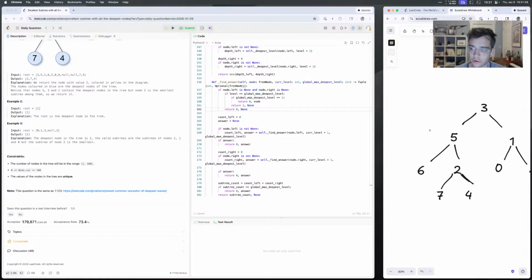This is returning 0 here. Then we go down here. This is returning 1, but because 1 is not equal to 2.